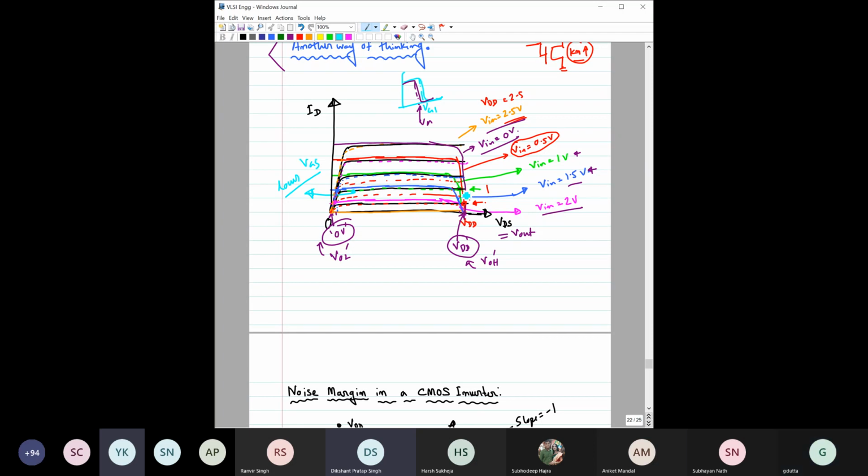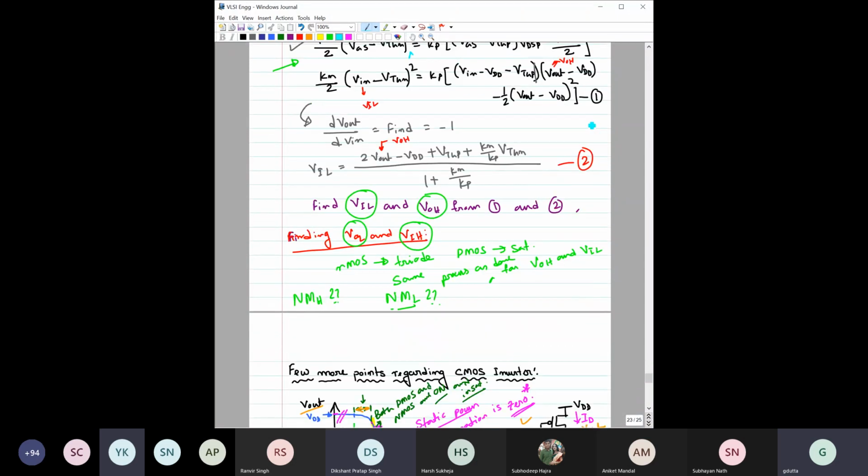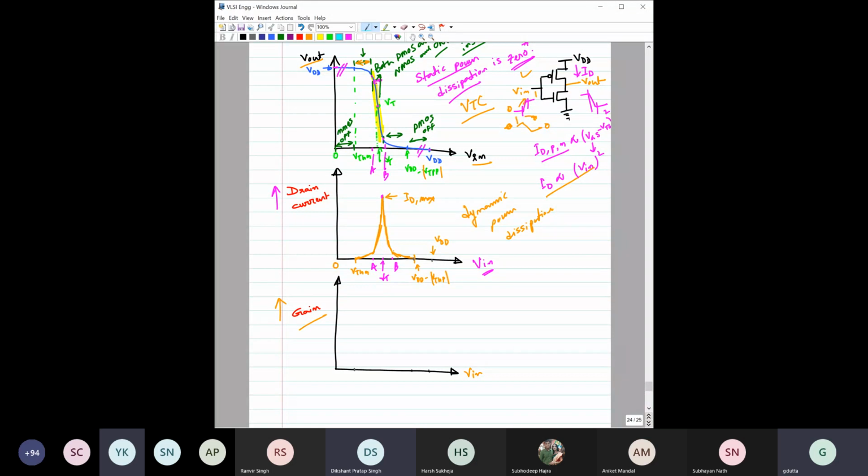So theoretically yes, but for the practical case, we never get parallel lines like this. You always have some upward slope. As a result, we will have this different. So to generalize, we always differentiate between point A and point B.